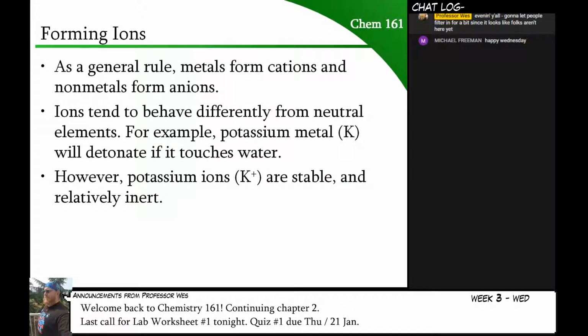Now, generally speaking, the elements that form cations and the elements that form anions are different. Metals tend to form cations. Non-metals tend to form anions. There are elements that are in the middle that tend to do both. For example, carbon is between metals and non-metals.